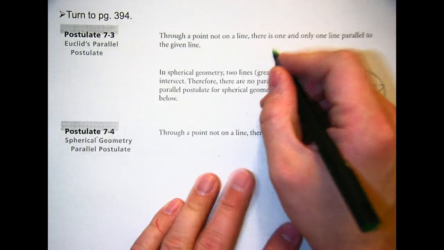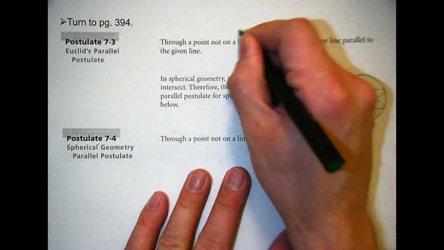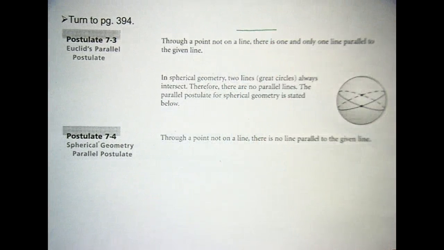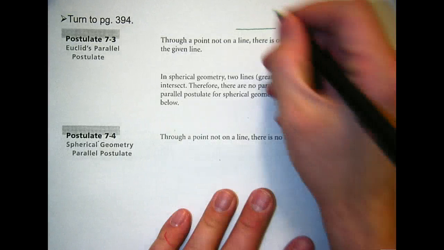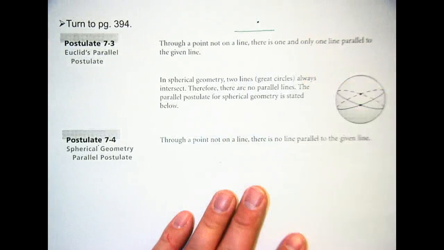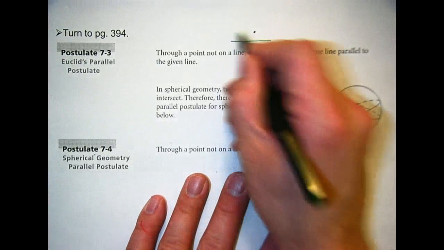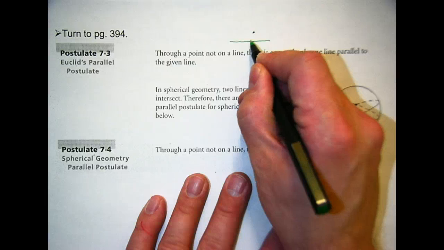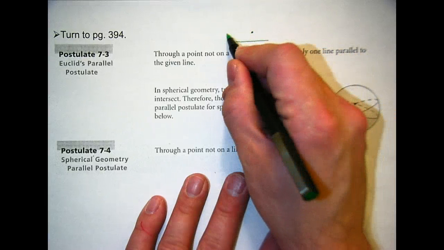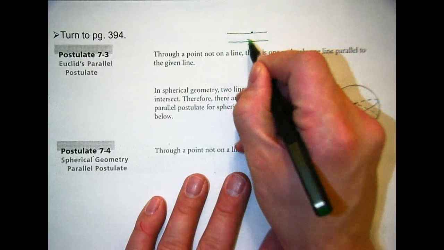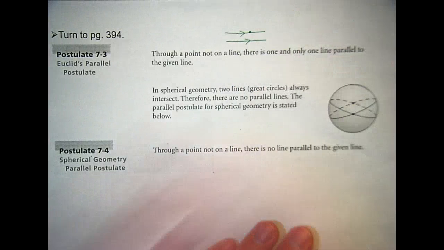Okay, so in other words, if I have a line, guys, I need you quiet, please. If I have a line and I have a point not on that line, in planar geometry, we say there's only one line that can go through this point that would be parallel to this line. And most of you know that. You have a line running like that, and they're parallel lines. It goes through that point.